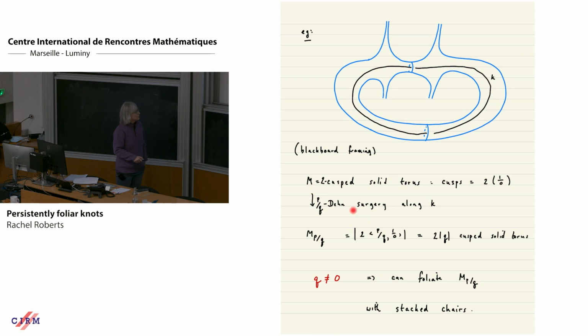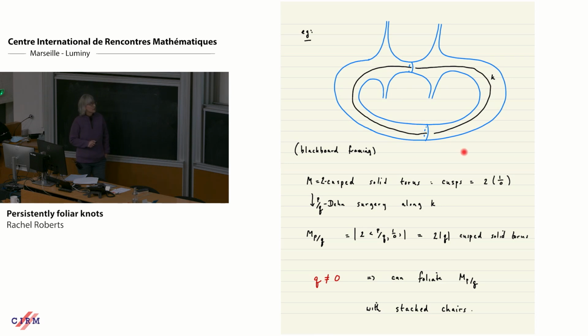But now my meridian disk is going to intersect the slope 1/0, these guys, two times the absolute value of q times. So that tells me that I can play this stacking chair game as long as q is not equal to 0.